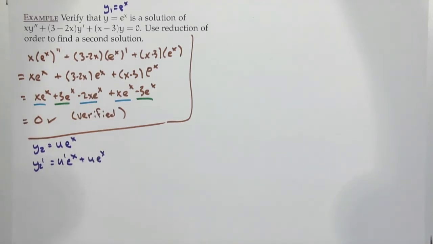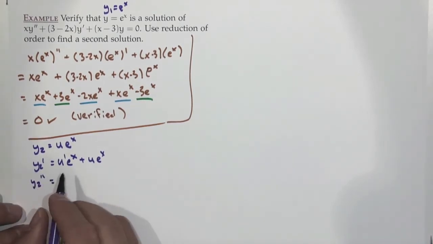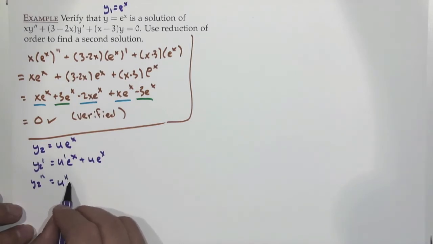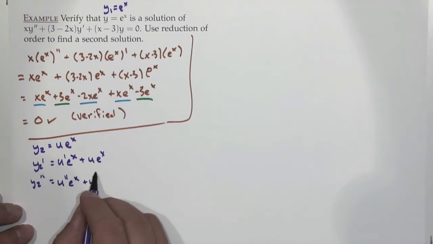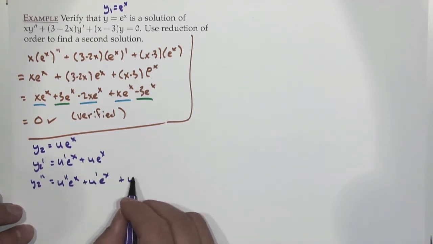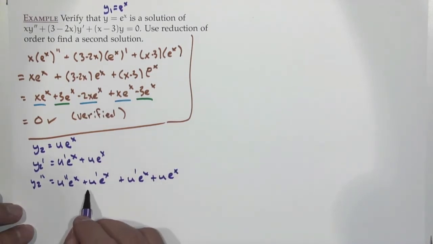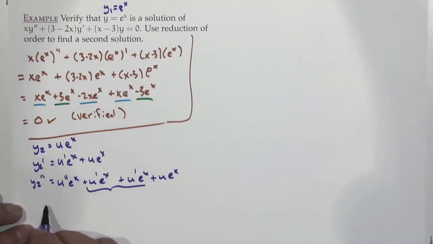E to the x is pretty nice. And y2 double prime is a similar thing. You would take the product rule on each one of these, taking the derivative of the first times the second plus the first times the derivative of the second. And you might say, ooh, those middle terms, they match up.